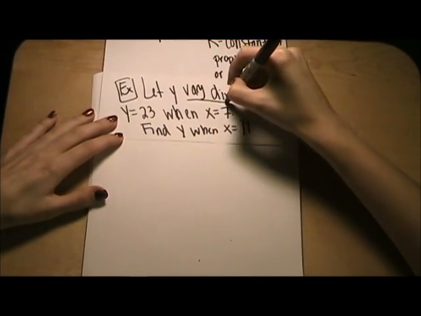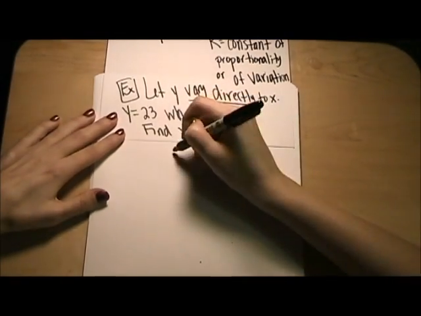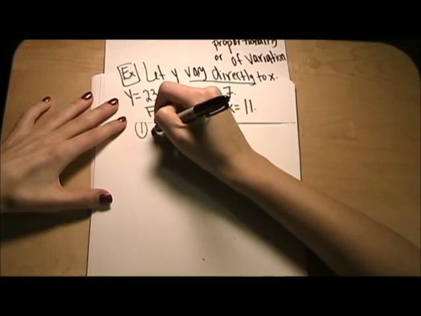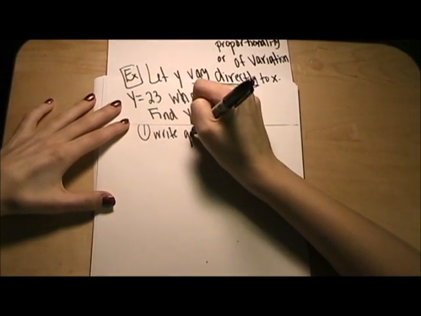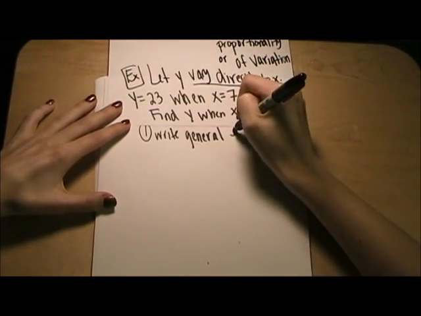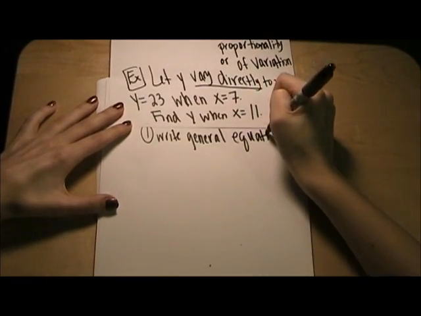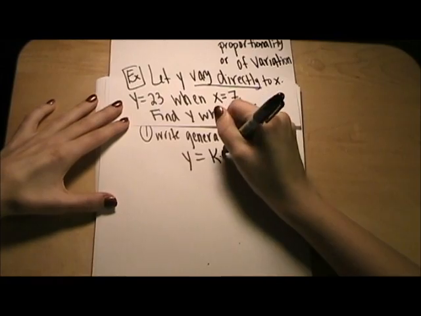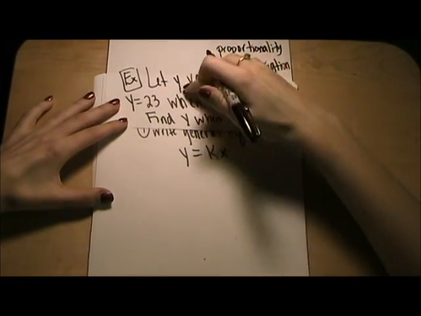So vary directly means that we're using first step. Okay. Write general equation. So our general equation is y equals k times x, because it says let y vary directly.